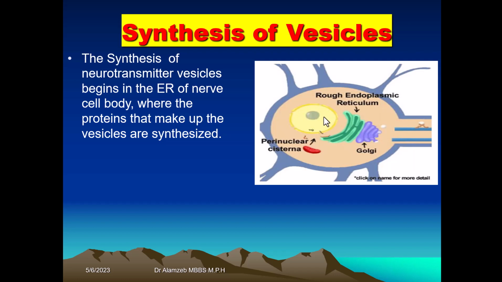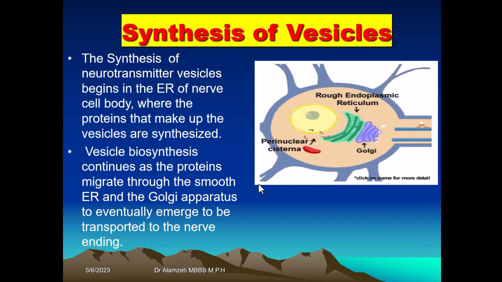From DNA, protein synthesis occurs by translation and the protein synthesis mechanism. Protein is synthesized and then it is transported to the Golgi apparatus. From the Golgi apparatus, it is loaded into a transporter.